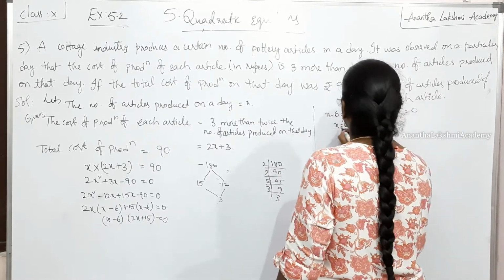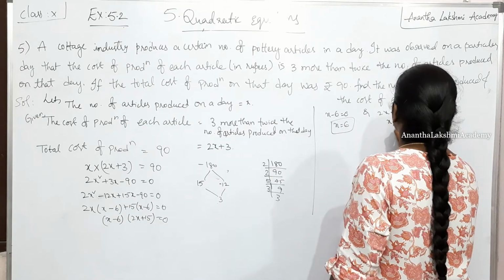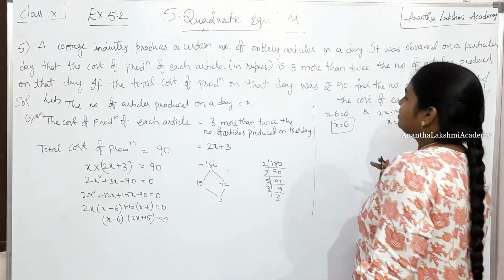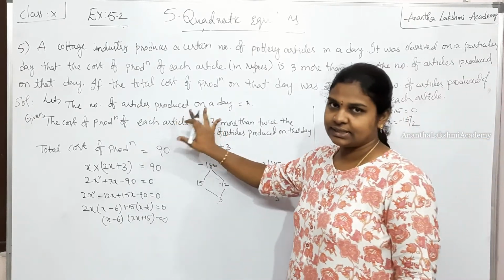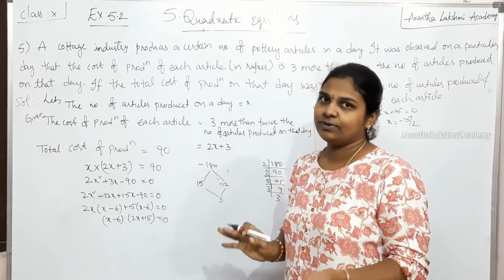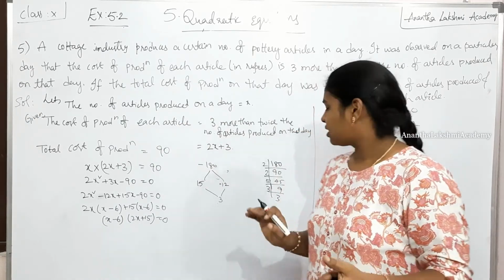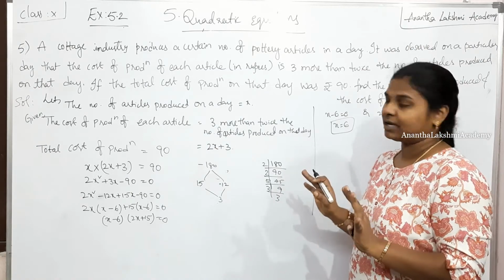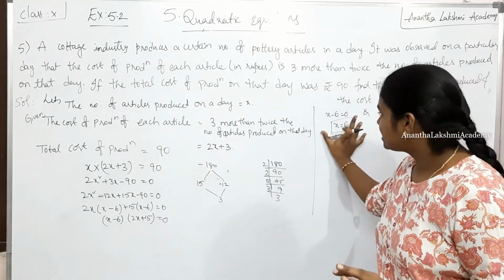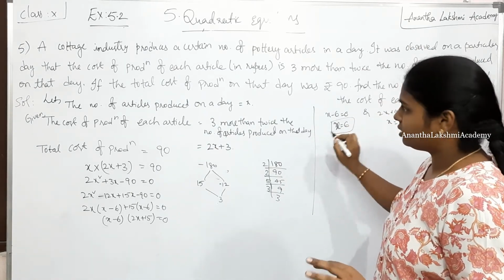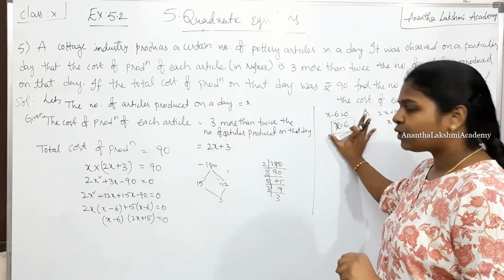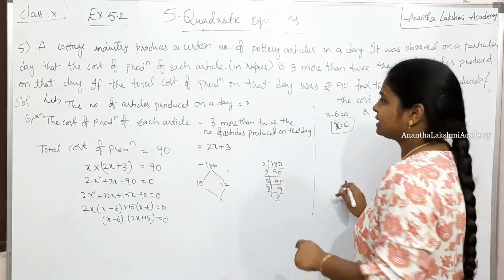So x equal to 6 or x is equal to minus 15 by 2. Now that we are dealing with the number of articles, it should be a natural number. It cannot be negative, so the number of articles produced on a day will be positive. So this is going to be 6.